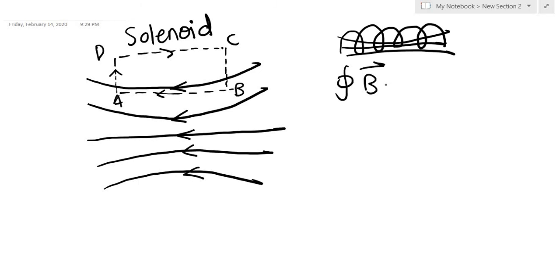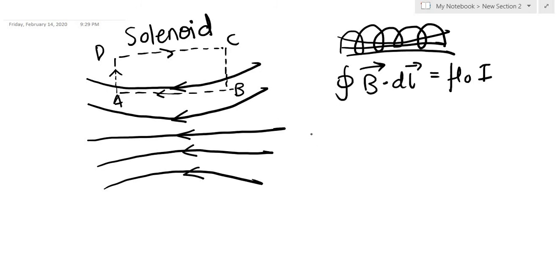The closed loop integral of B bar dot dl bar is equal to mu naught times the net current through this thing. So we'll have to basically do an integration over length BA, AD, DC and CB.